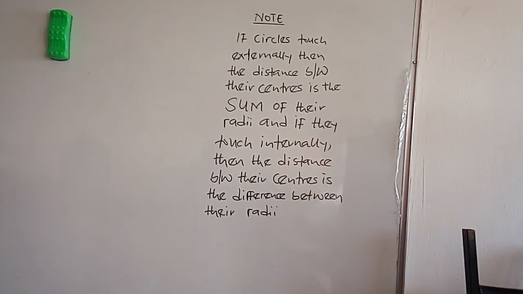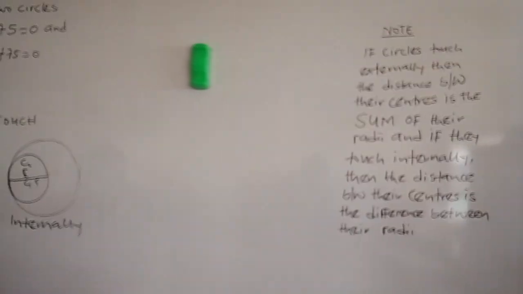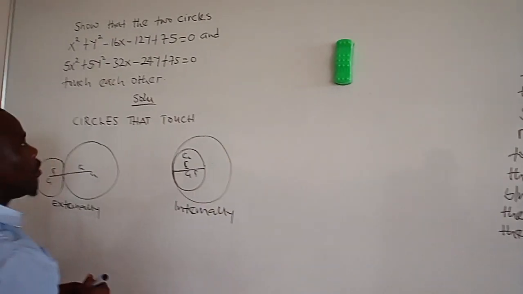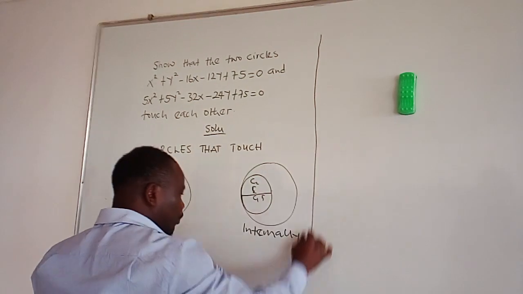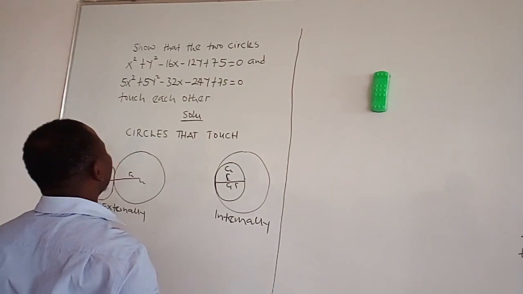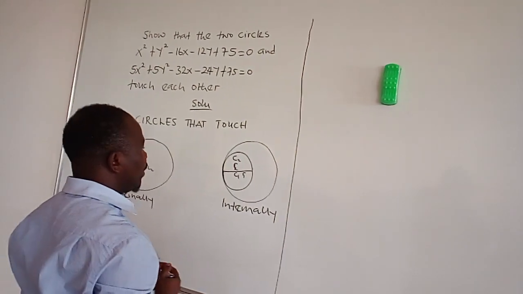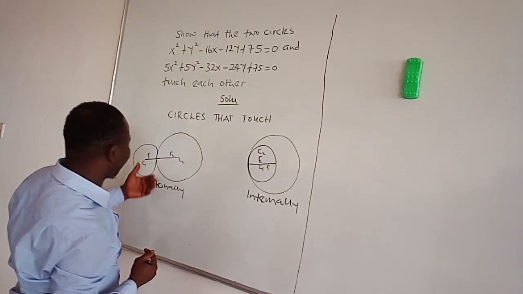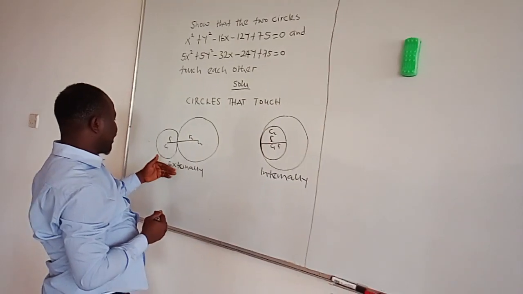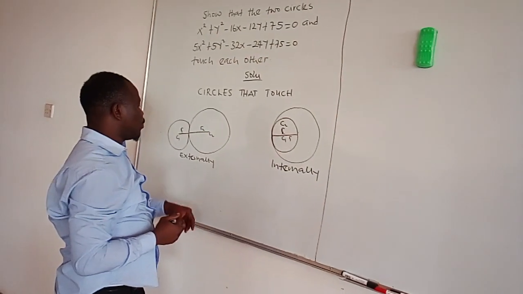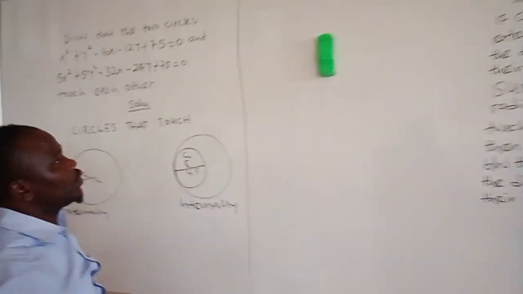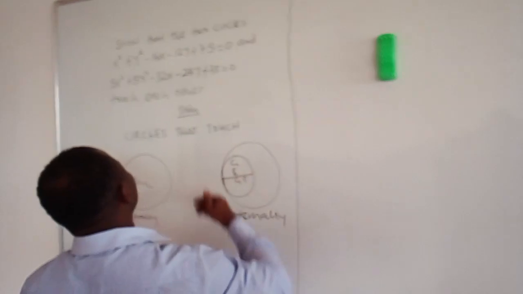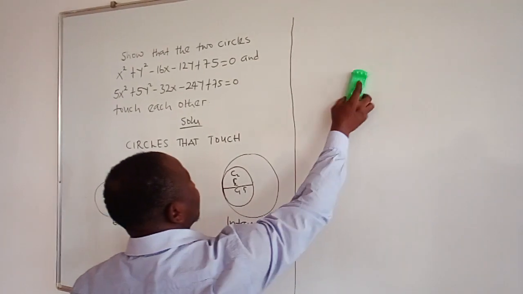Is that clear? Let's come here again. Let us now recall. Let's begin to solve. We can identify the externally circle and the internally circle. True or false? Now, let us look at it this way.